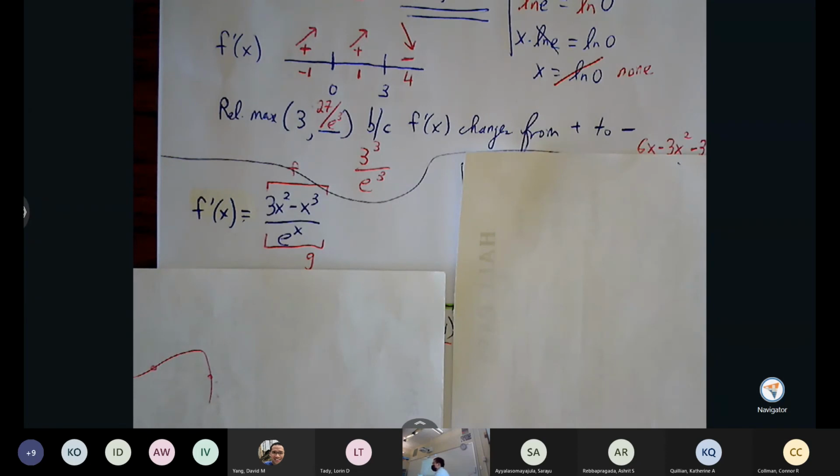Now, once you find the derivative, you're going to have to do a little bit of cleanup with the numerator. Take out the GCF, combine like terms, right? Again, we should be able to get it to the point where we can look for critical points.